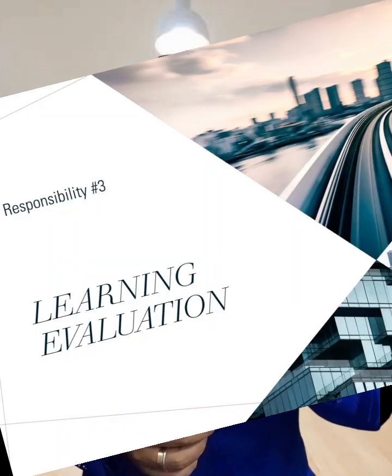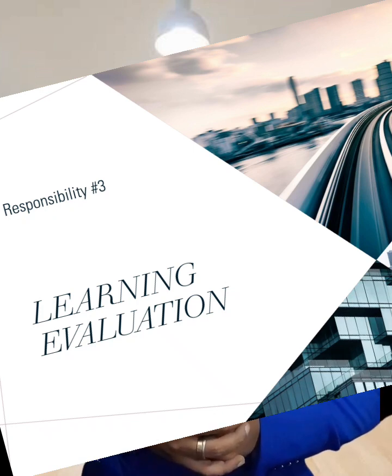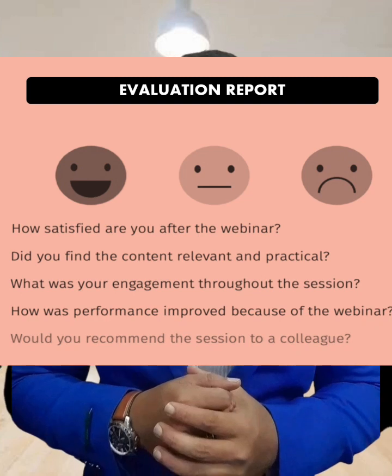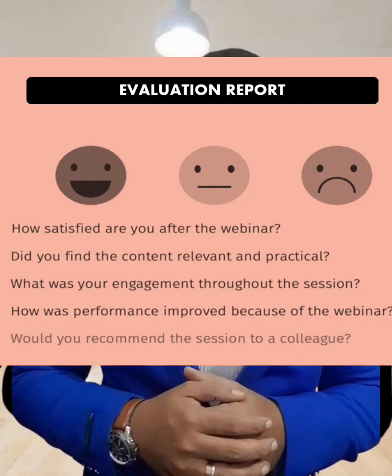Next is responsibility number 3. I need to prepare the learning evaluation, and typically we can use the Kirkpatrick model. By analyzing all data collected before, during, and after the training, like employee engagement and their satisfaction index.